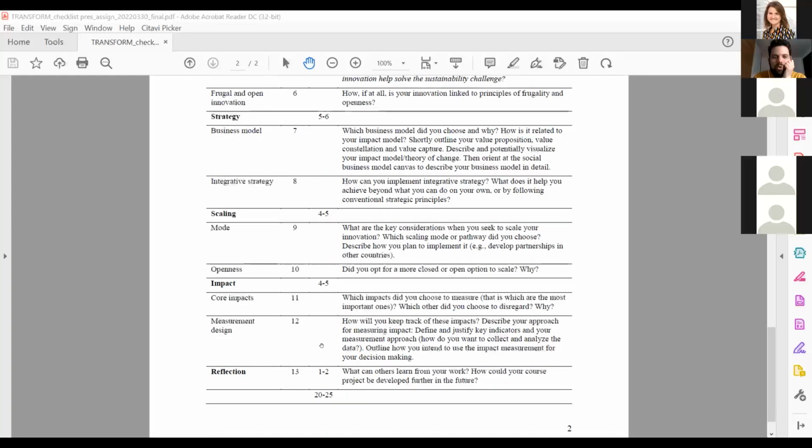We want you to illustrate the mode of scaling that you're choosing. So we'll present you with different pathways, and you're supposed to figure out how these relate to your course projects, and what the most sensible way for you would be to reach this scale.